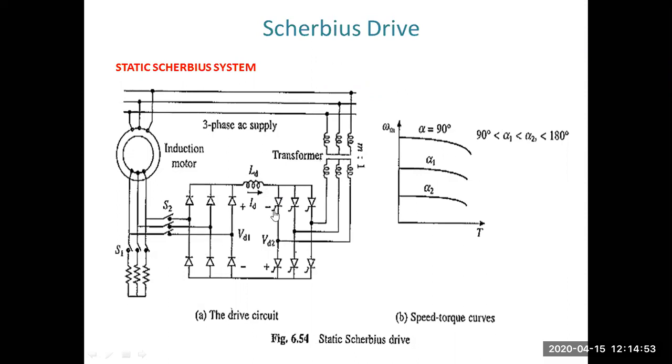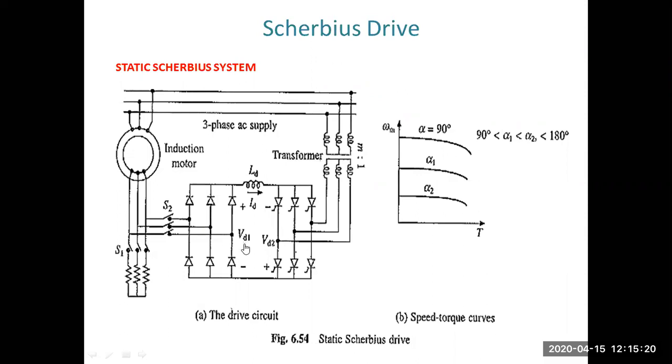This is again a controlled converter. You can see this is an SCR, so it is a controlled converter. It is not just an inverter; it is basically a controlled converter working in the inversion mode. There is a voltage VD2, which is the voltage offered by this inverter, and VD1 is the DC voltage obtained after the rectification of the supply.